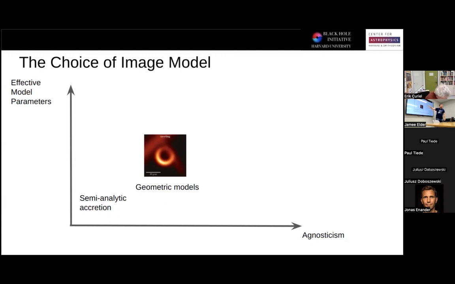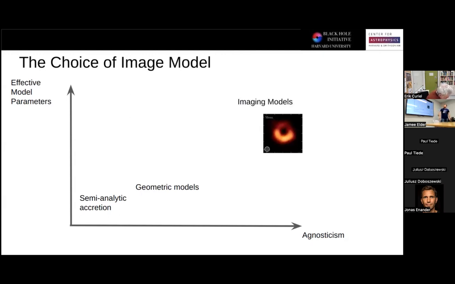Here, I'm assuming that there's a ring in the image and that there's additional flux, but it's not fully building in physics. On the other hand, you have what we typically call imaging models, which I tend to think of as non-parametric models of the data. You try to assume very little. These are very agnostic, but because of this agnosticism, you pay the price: you have to fit a lot of parameters.